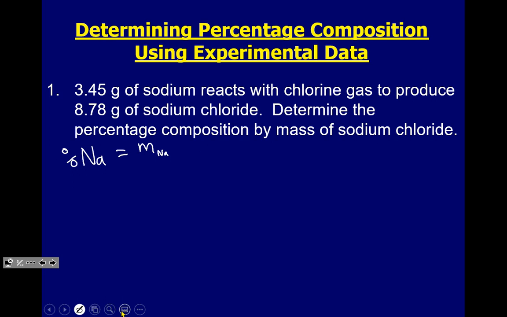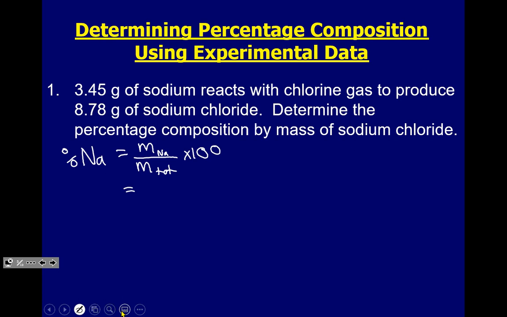And I need to divide it by the total mass of the compound. So I always divide it by the mass total and then multiply by 100. That's what we did in the last example. The mass of the oxygen divided by the mass total times 100. Or like when we take the test. What you got right divided by the total times 100. It's always the same. Times 100.